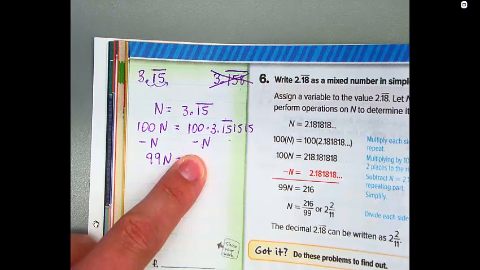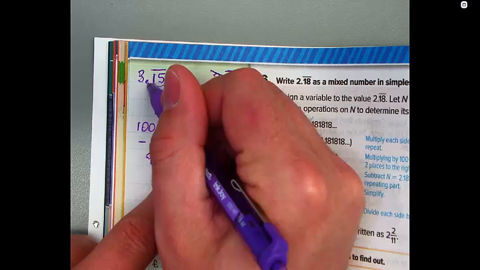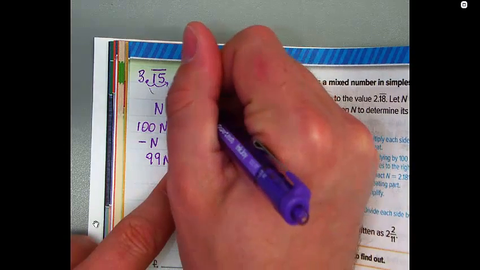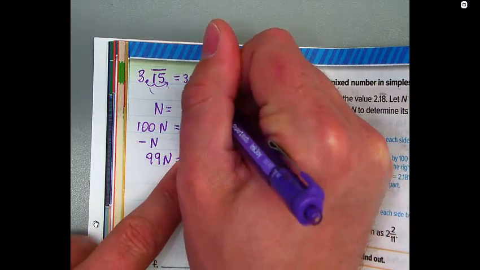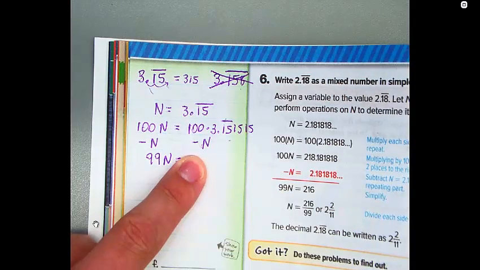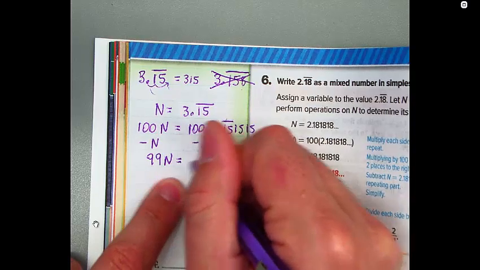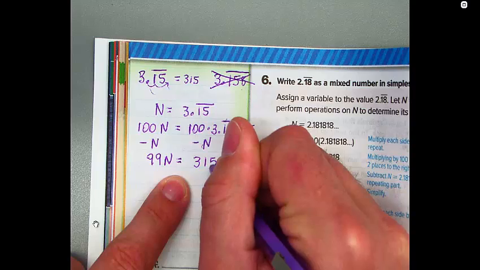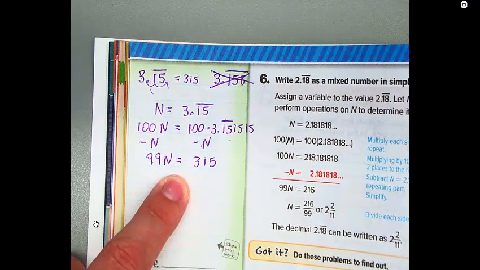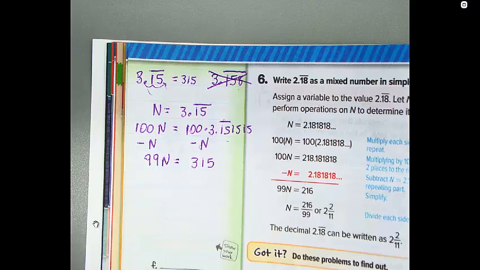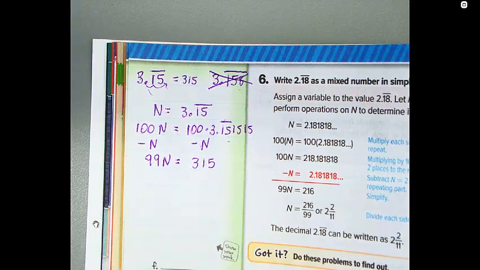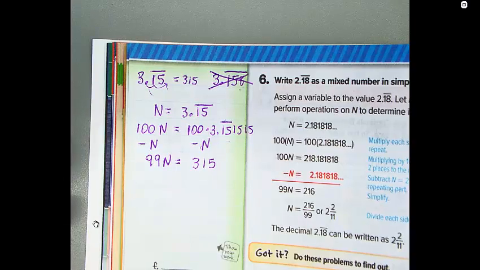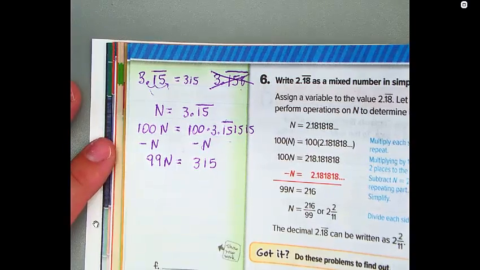So when I move this decimal over 2 spots up here, I actually have what number? 315, correct? So my 99n will equal 315. All right? Now, what do I need to do next? Well, our goal isn't just to get a whole number. We want a fraction. We want n by itself. So my final step is simply to divide.